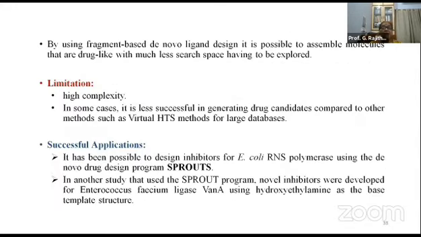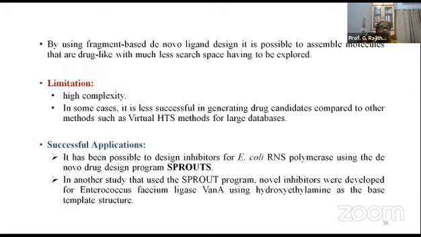By using fragment-based de novo ligand design, it is possible to assemble molecules that are drug-like, with a much smaller space to be explored. We have to keep in mind that the space should not be much larger.